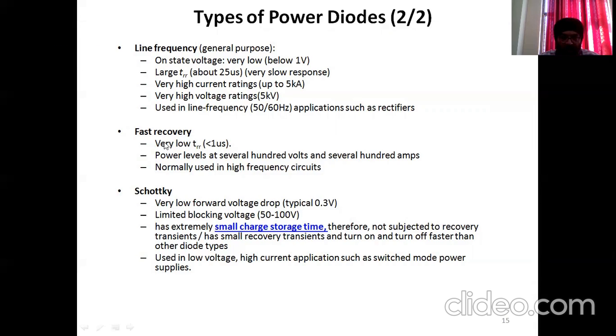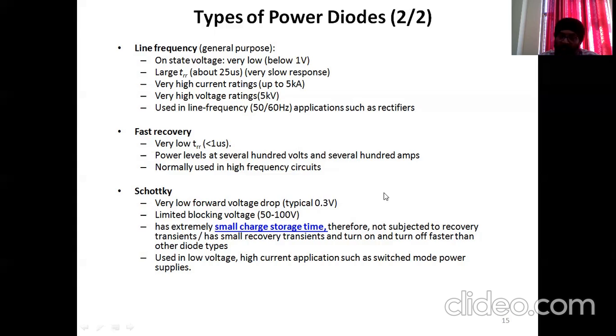And now the next type of power diodes is fast recovery diodes, where the important thing is that reverse recovery time must be very, very low. So they must be able to recombine their charge carriers within 1 microsecond or even faster.